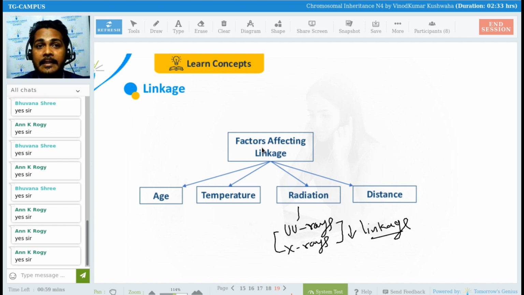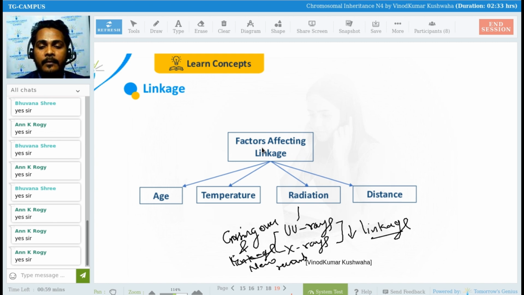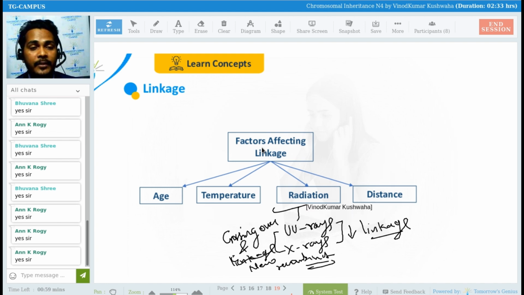Radiations cause recombination and crossing over, that means new combinations take place with the help of radiations. Radiation is important for crossing over as well as for new combinations.